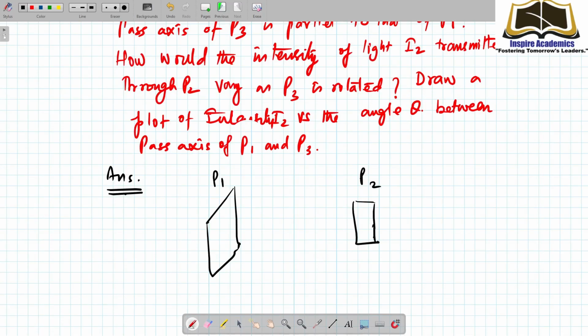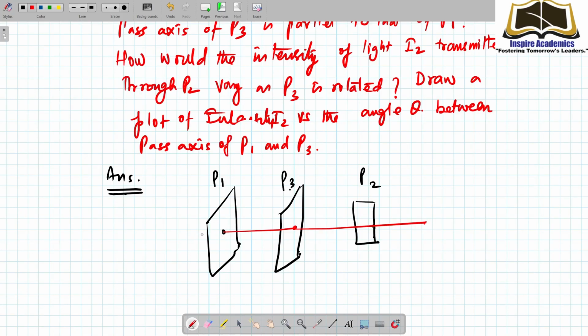Okay, the third polaroid P3 is kept between P1 and P2 such that path axis of P3 is parallel to P1. So ये P3 है. So that means जो भी axis होगा, the path axis would go like this.